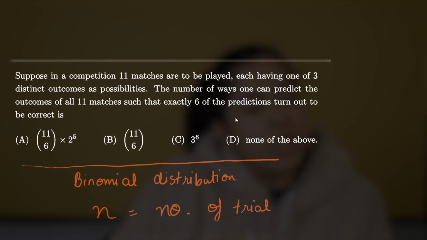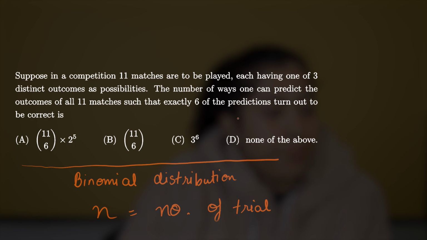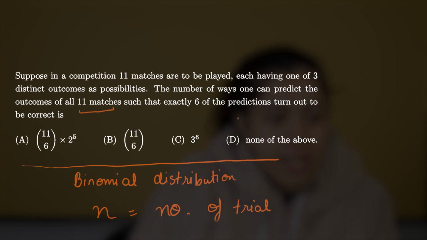In this question, we don't have probability, but the same concept is used here. We have 11 matches, that is n is equal to 11, and 3 distinct outcomes. We have to predict the outcome correctly. So let's say that 1 is correct.